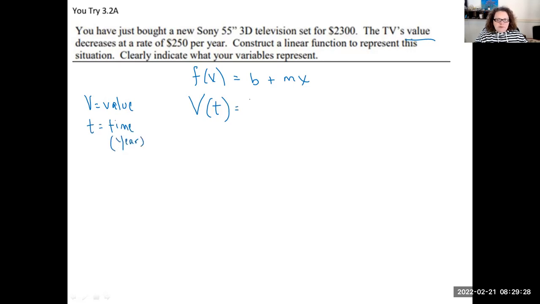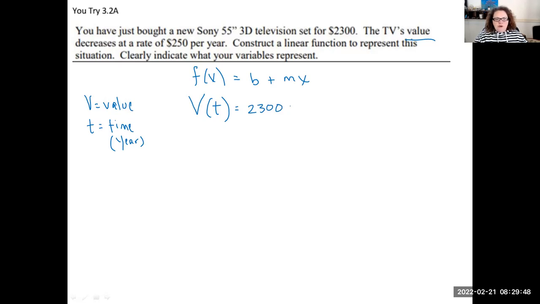The initial value here. What's the initial value? It's $2,300. So the TV originally cost $2,300. You do not put dollar signs in a function. We don't use units until we write our sentence.